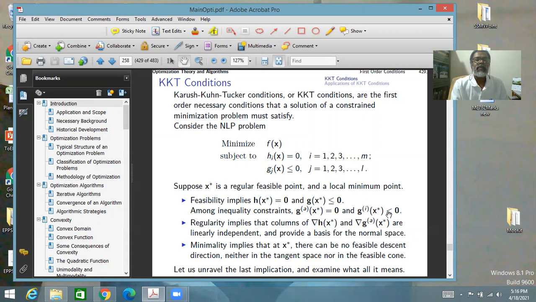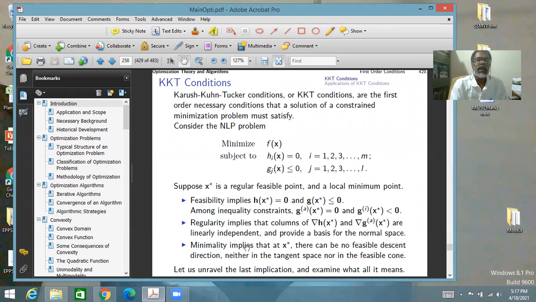Now, regularity implies that columns of this matrix for equality constraints and columns of this matrix corresponding to active inequality constraints are linearly independent and therefore provide a complete basis for the normal space, which is orthogonal to the tangent subspace.